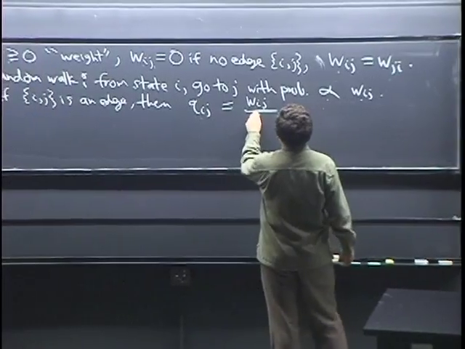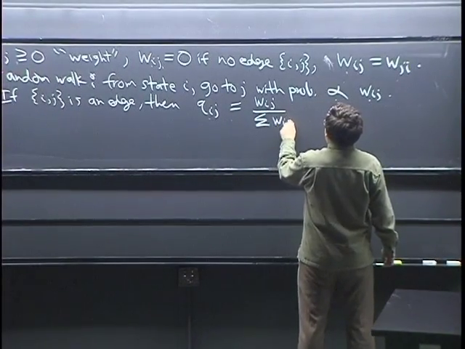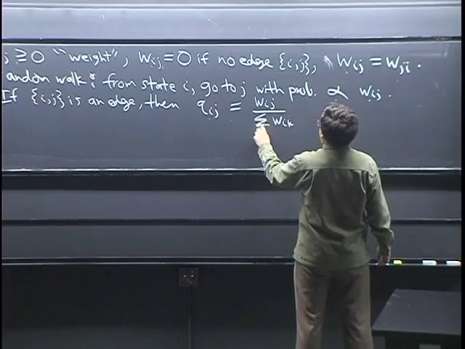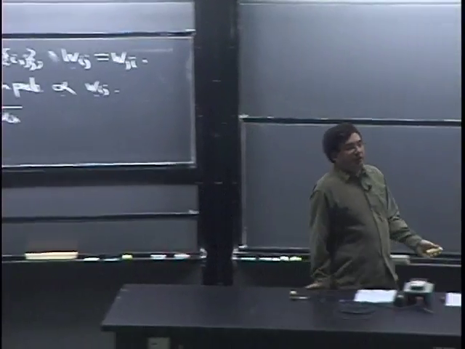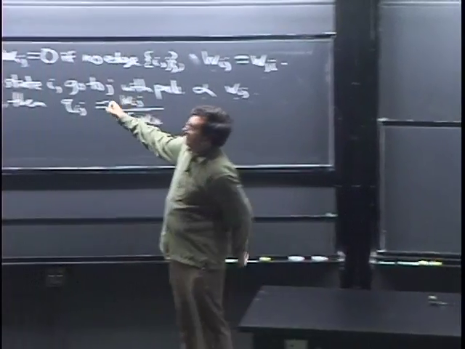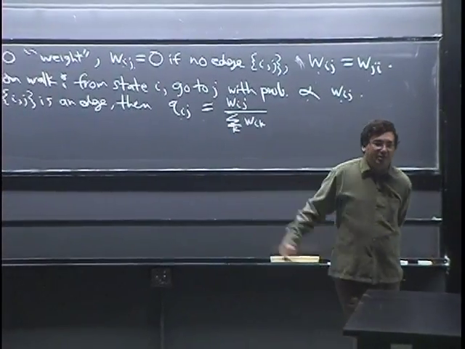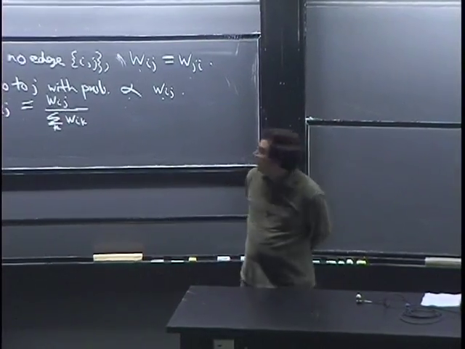Because it's proportional. So the denominator would just be the sum of Wik over all k. All right, and we're assuming that the denominator is non-zero because we have to be able to do something, so we don't want all weights 0. All right, so that's the random walk.